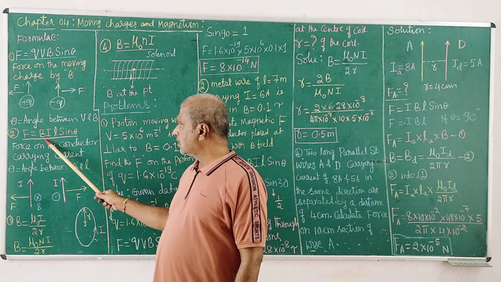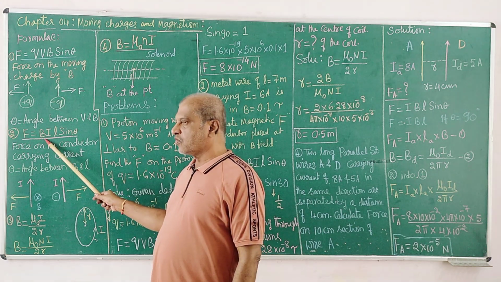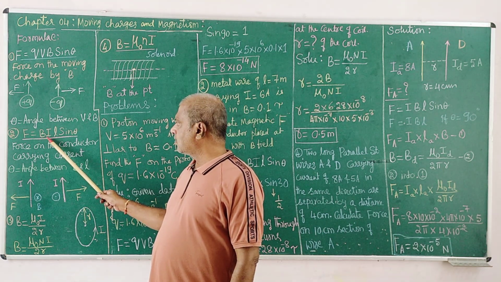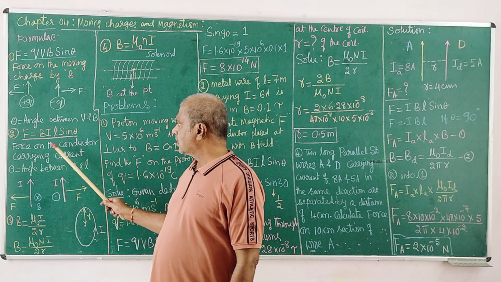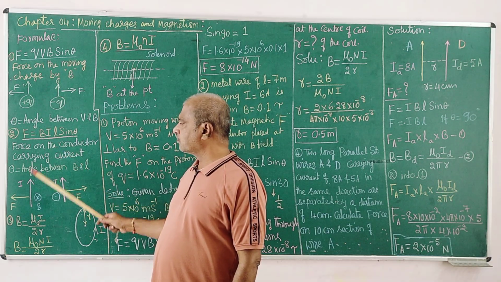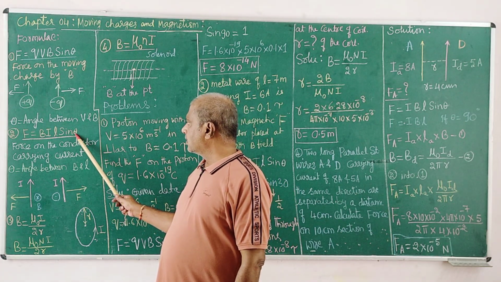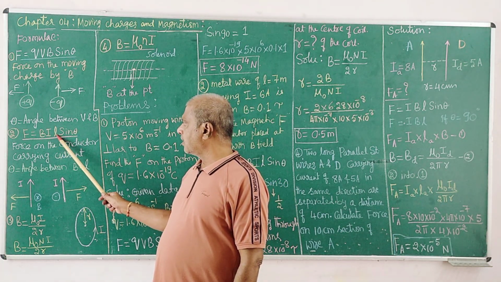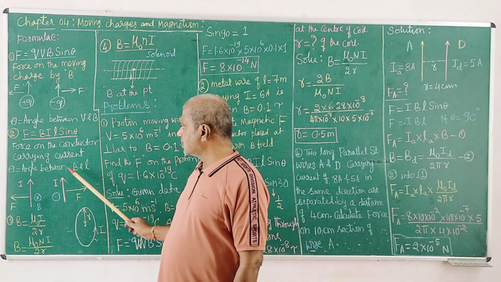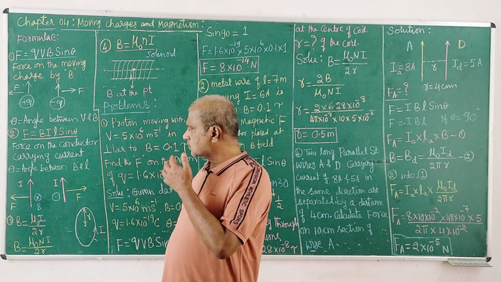It depends on what magnitude of field is applied, what current is flowing in the conductor, and the length of the conductor, where theta stands for the angle between B and L. That is, L is always a straight line like this.